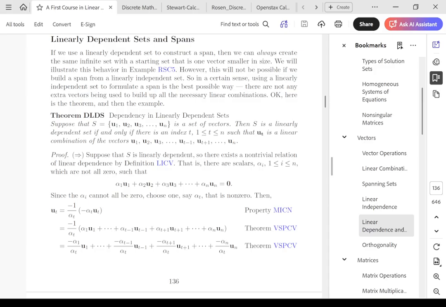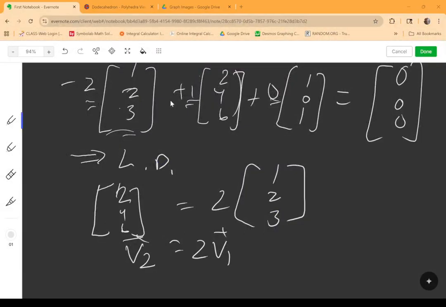Now if a vector is redundant, as we're showing here when you can write it as a linear combination of the other vectors, that means in terms of the span, I don't really need it in my set. So the next step is to think about what happens if I remove it.